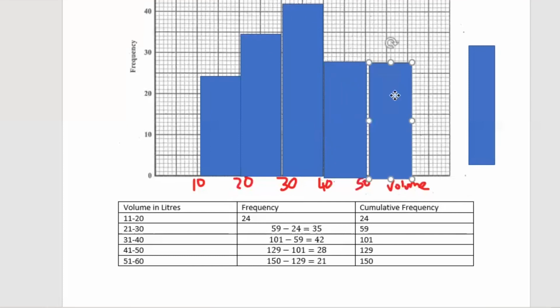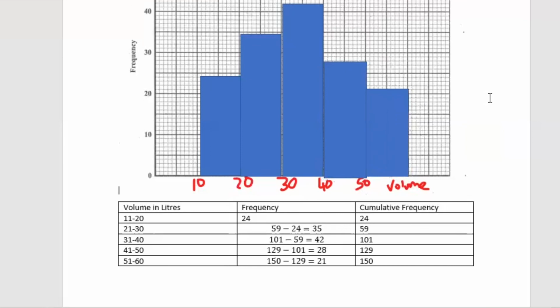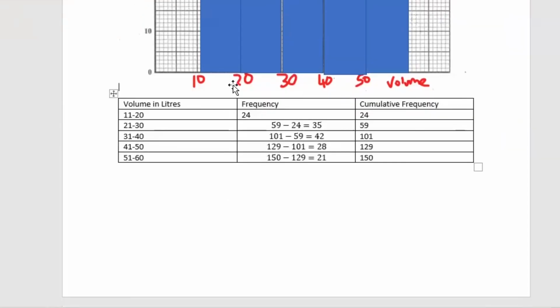So our lower class boundary is 50.5 and our upper class boundary is 60.5, and the frequency is 21, which would take it right here. And this is a representation of what your histogram will look like. So thank you for joining us, and we'll see you for question 6.